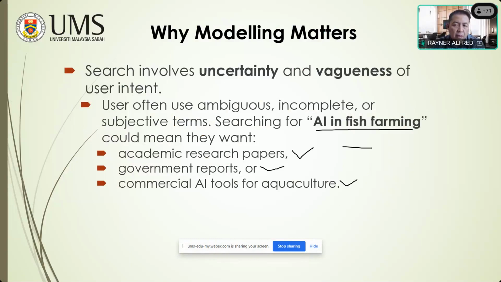So there are ambiguous or incomplete clues on which kind of document we want.